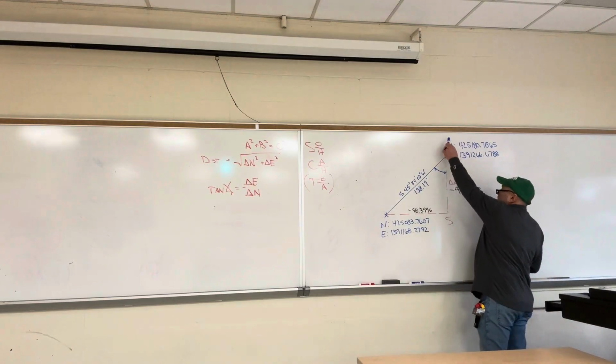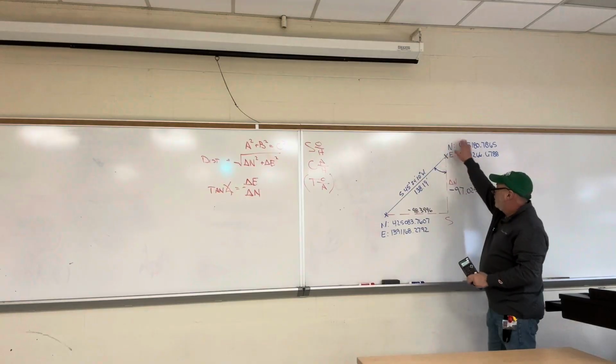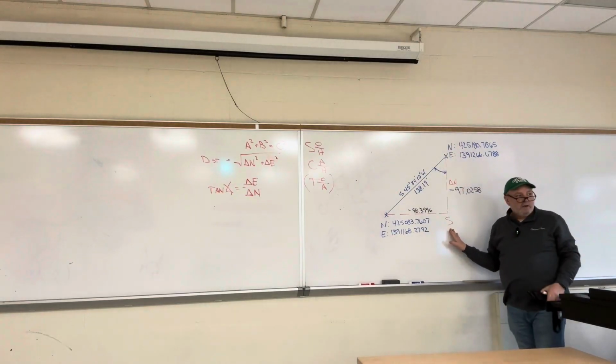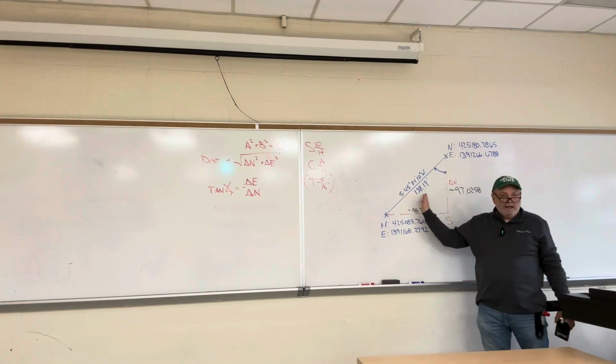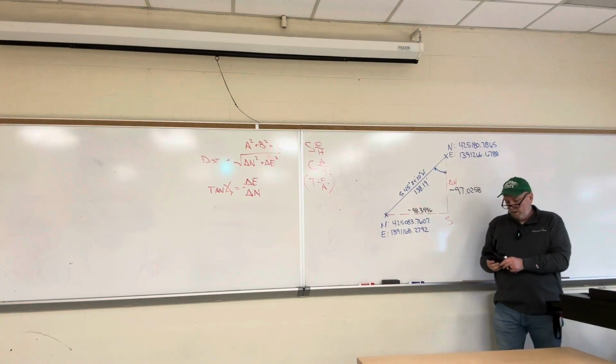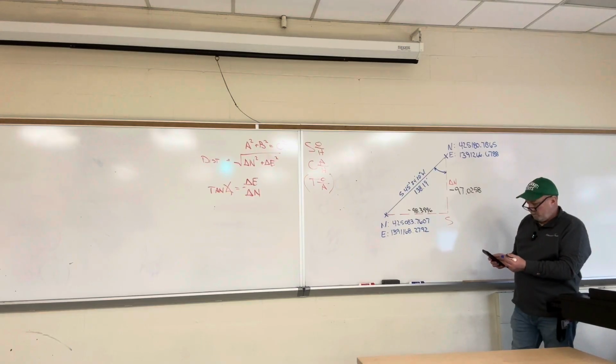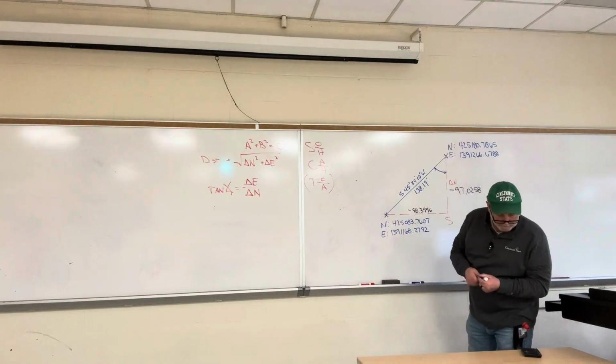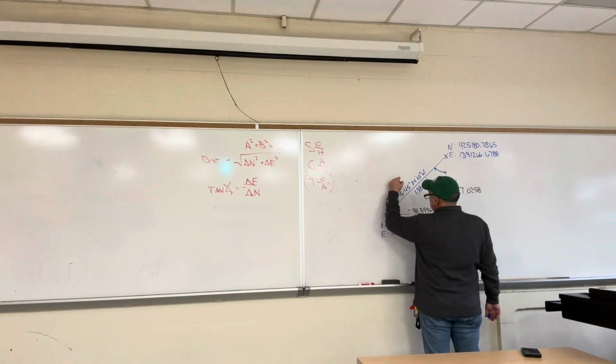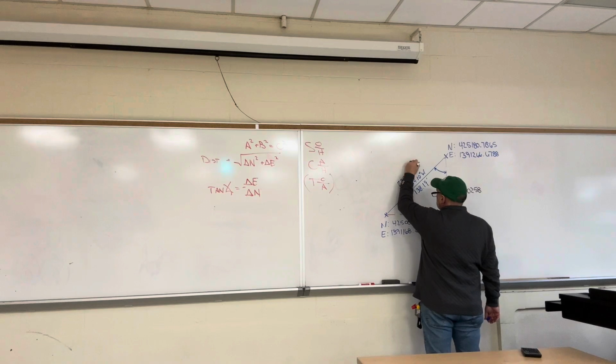So we know an azimuth is coming from the north, going around clockwise to the line. We know from north all the way around to south is 180 degrees. Our southwest bearing, we would add that angle to it. So 180 plus 45, 24, 10. So I get an azimuth of 225 degrees, 24 minutes, 10 seconds.